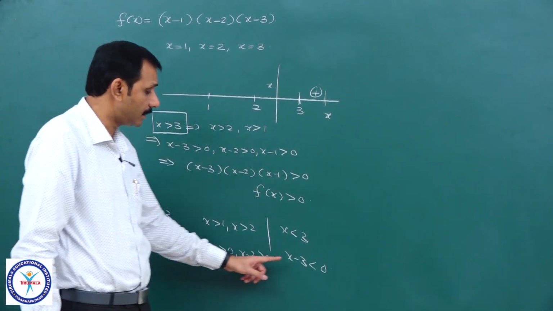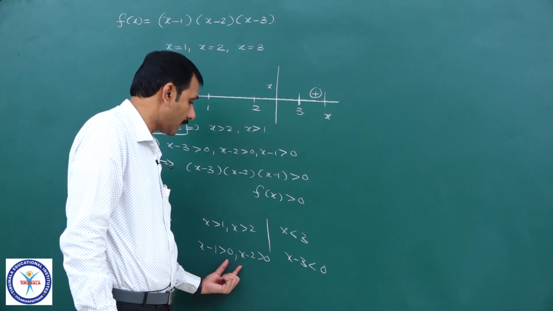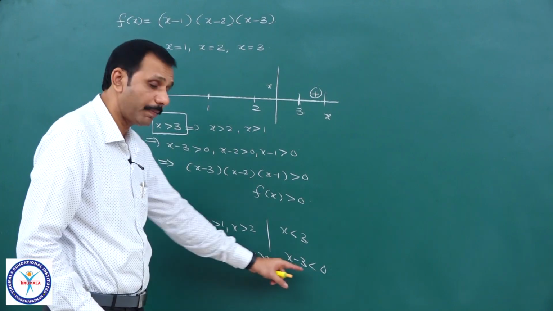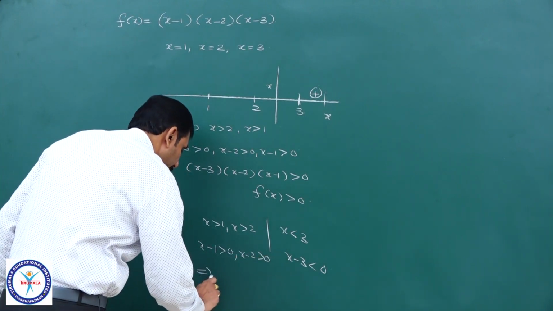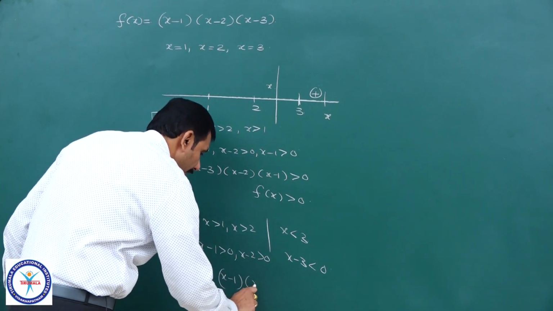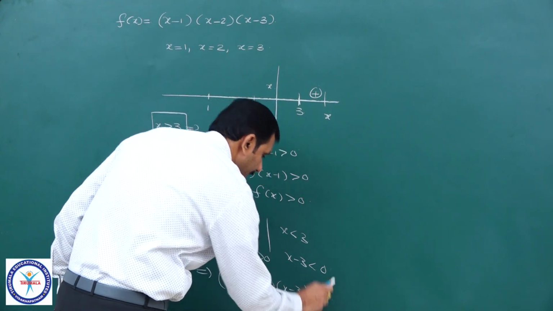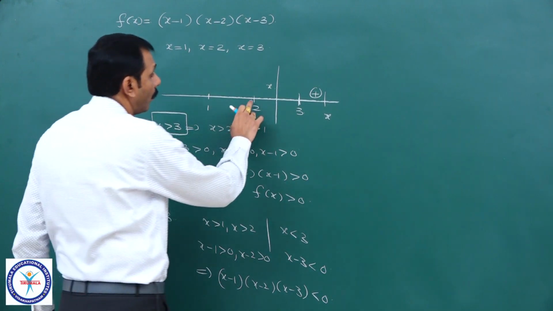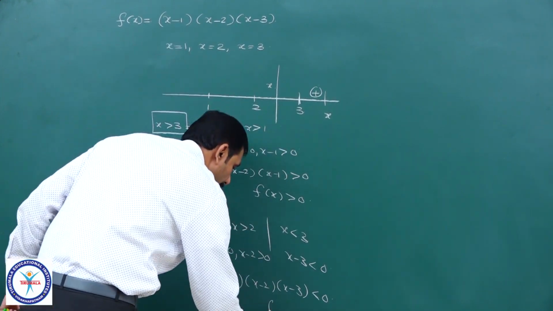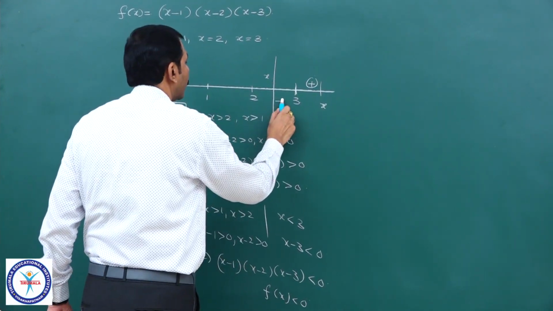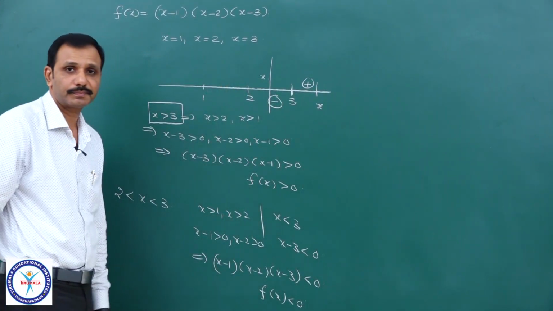Out of these three factors, two are positive and one is negative. The moment you multiply these three, x minus 1 into x minus 2 into x minus 3 will be less than 0. Therefore, between 2 and 3, the sign of f of x is negative. Here I am getting negative.